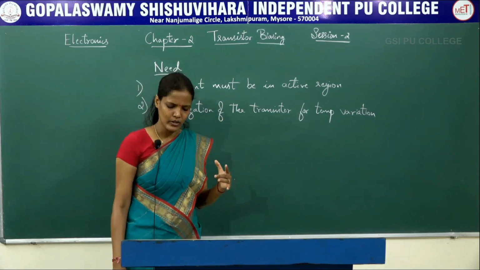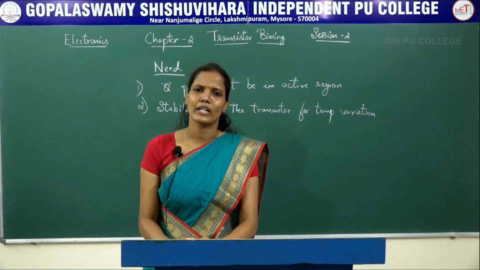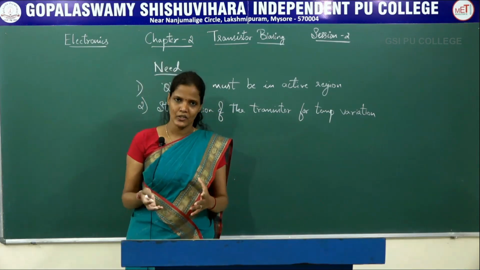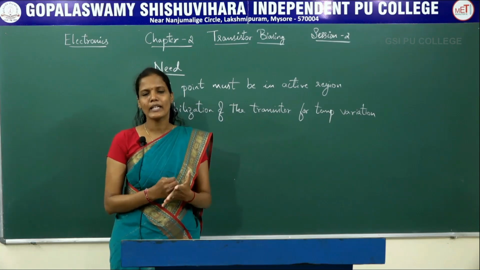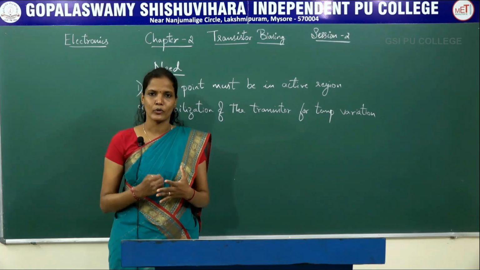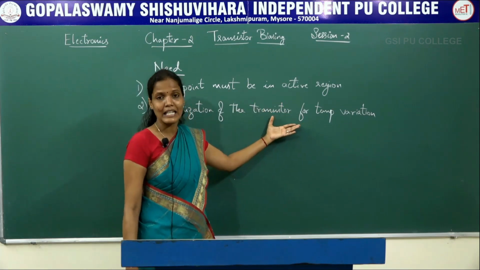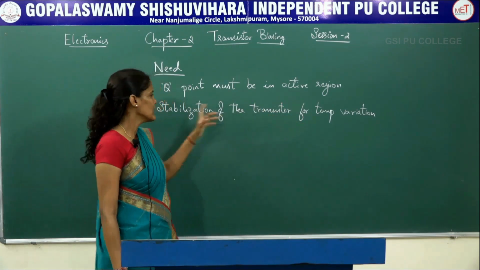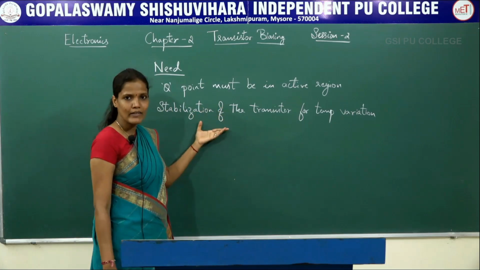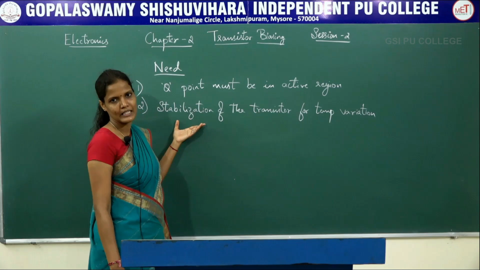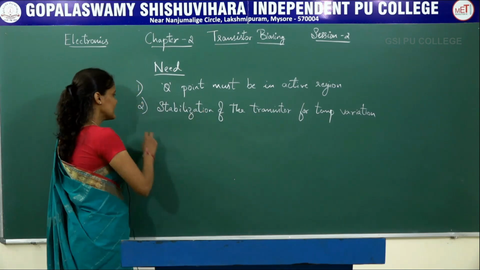That is very important. Why is the temperature going to rise? Whenever the circuit is turned on for a long duration of time, obviously there will be dissipation of heat from those devices. So as and when temperature variations occur in the circuit, the transistor should not lose its stability. That is the meaning of this second point.